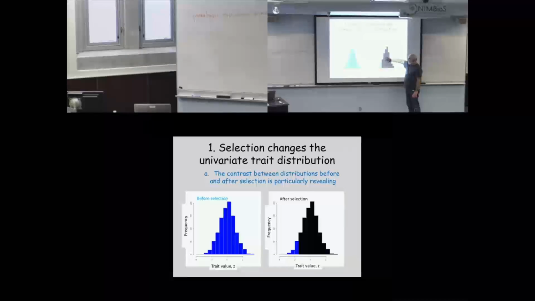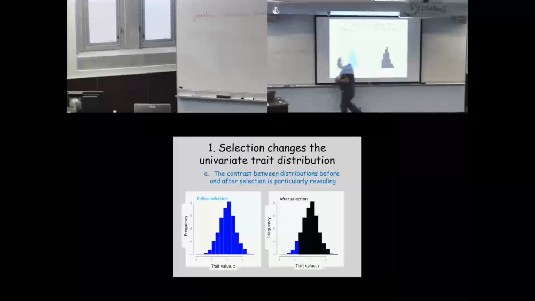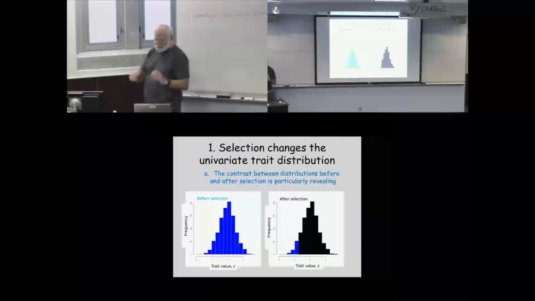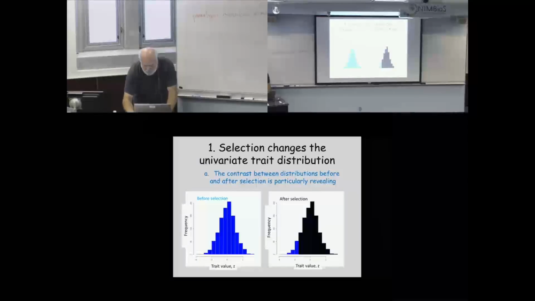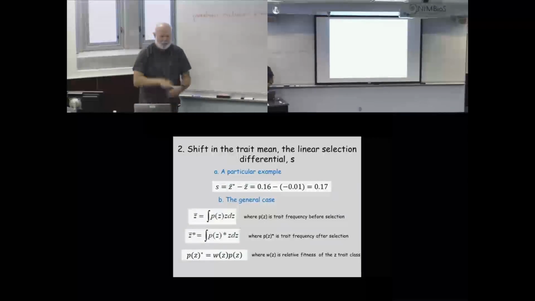In the case of survivors, there's a 1-0 fitness difference, but we could weight the individuals by their fecundity, in which case we'd be characterizing fecundity selection, and we wouldn't typically have a truncation value. So this first illustration is truncation selection, but we're talking about a more general approach.